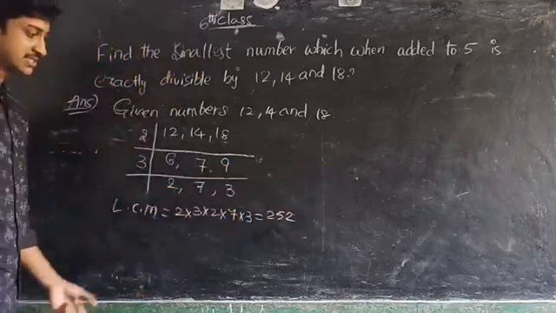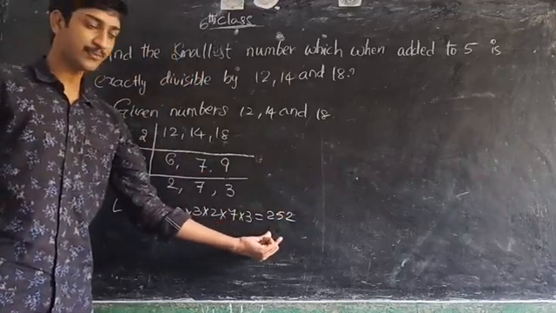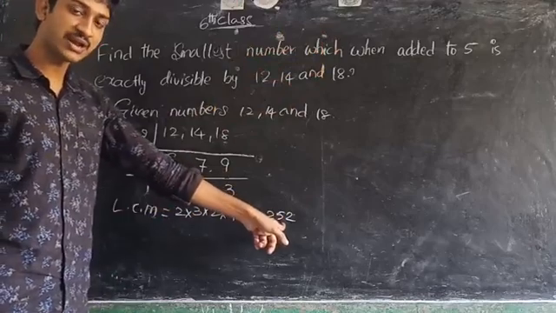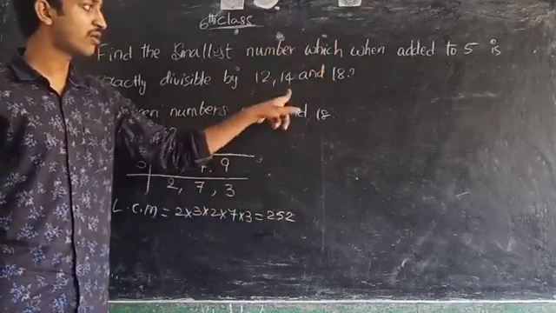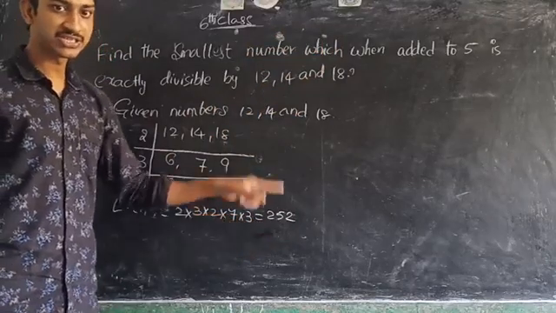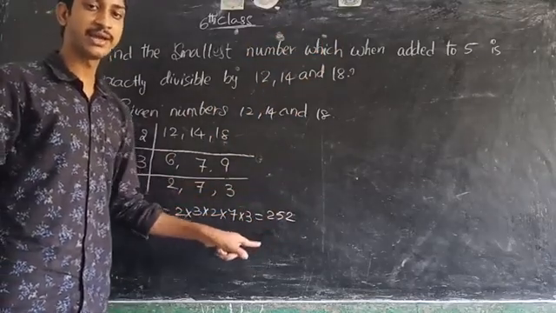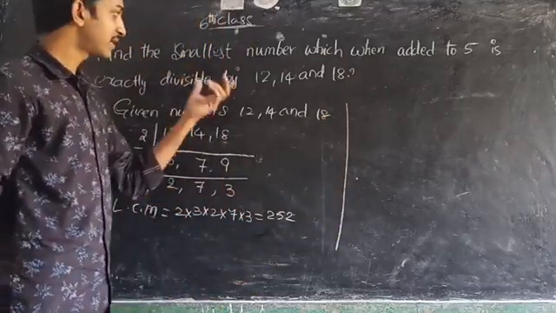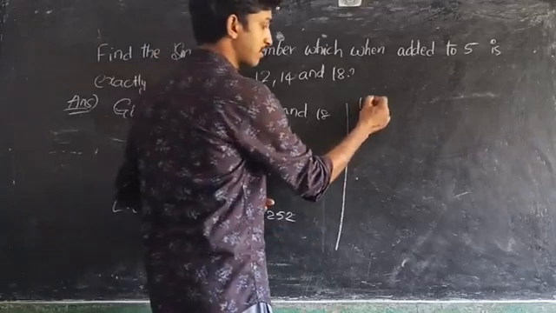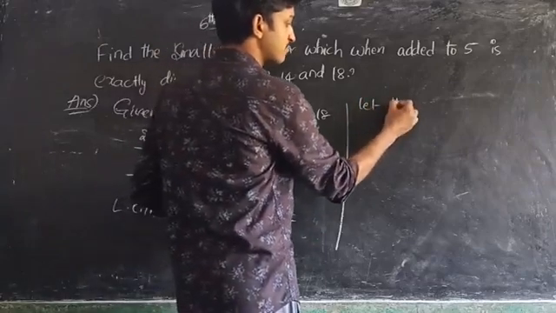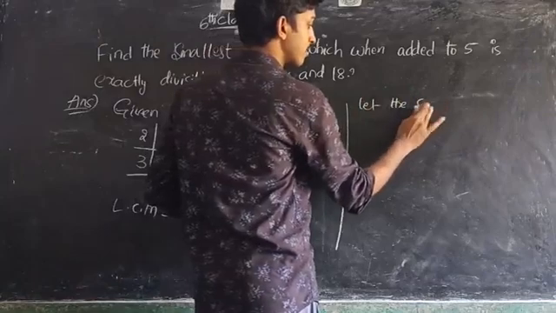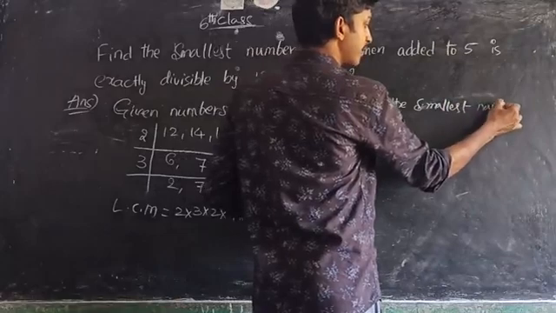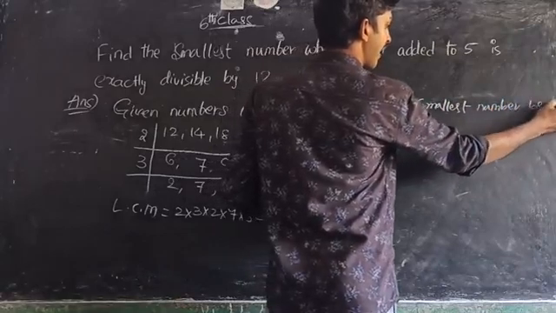So this is the number. What is this number? x plus 5. x plus 5 is 252, which is commonly divisible by 12, 14 and 18. It is divisible by 12, by 14 and also by 18. So in the question, let the smallest number be x.